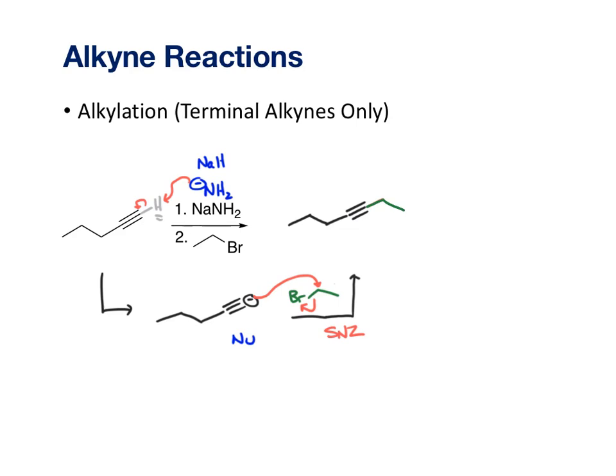Just to review a couple others we didn't talk about, let's look at the reductions. So if you use hydrogen gas and Lindlar's catalyst, that will reduce the alkyne to a cis alkene.